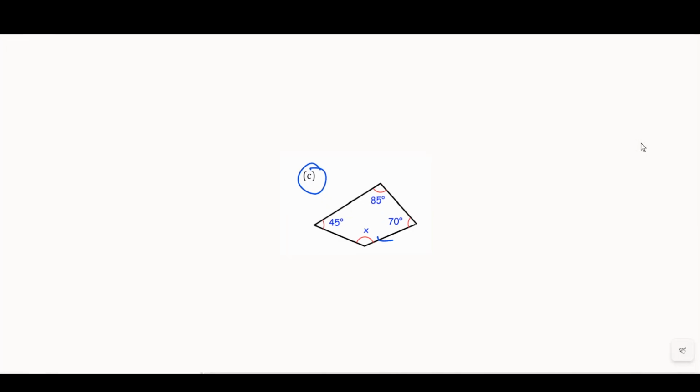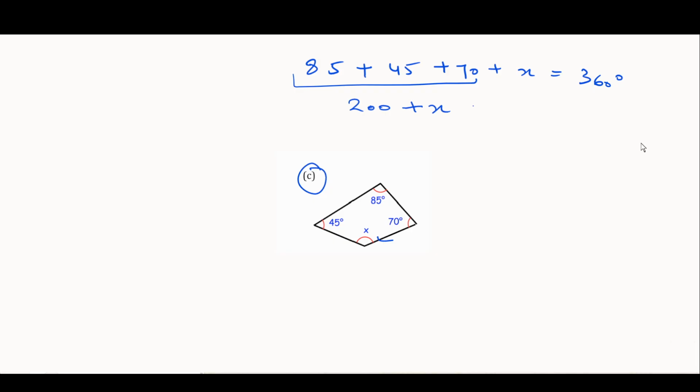So let's add it: 85, 45, and 70. 85 plus 20 plus 70. 200. Very good. 200 plus x is going to be 360. If you subtract these two, you get 160 degrees. Very good.